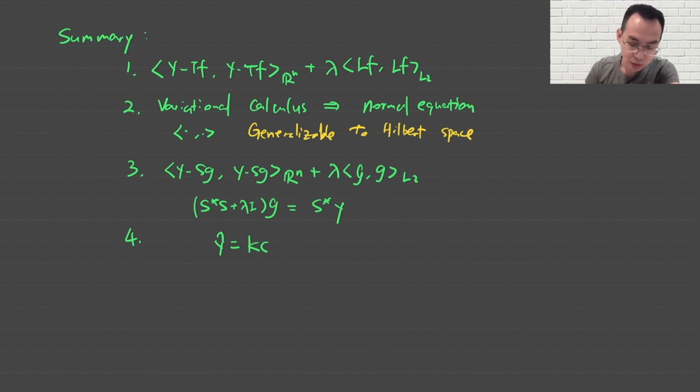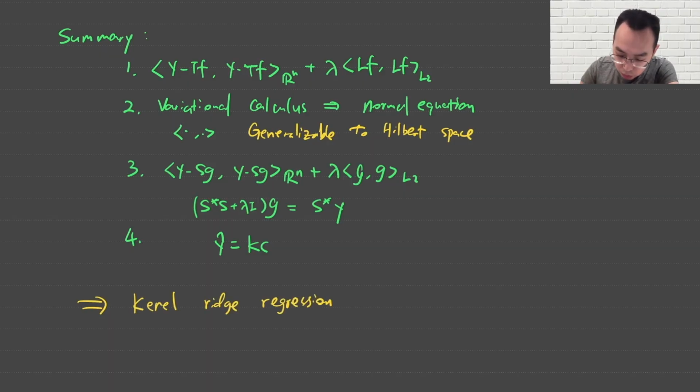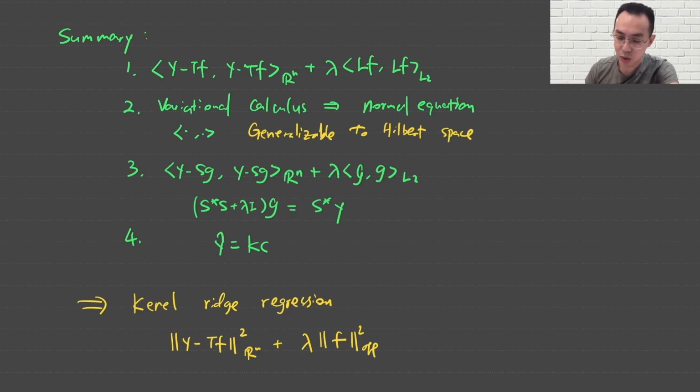So all of this means that there's a more general formula for kernel ridge regression: y minus Tf on Rn, plus lambda times the Hilbert norm. That's going to be the general solution for kernel ridge regression.